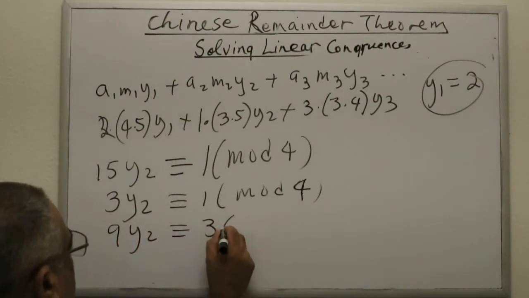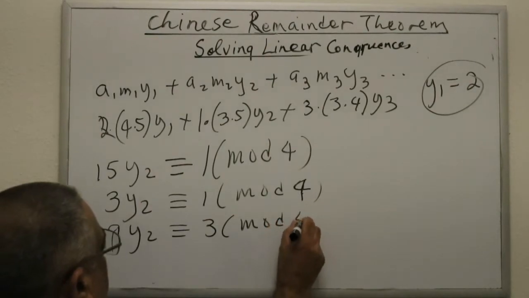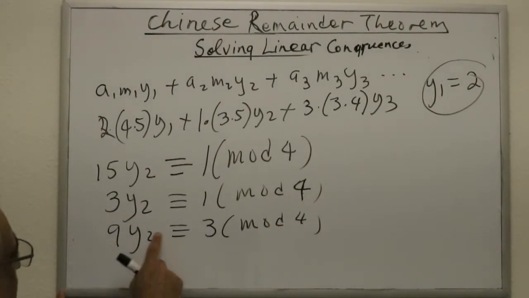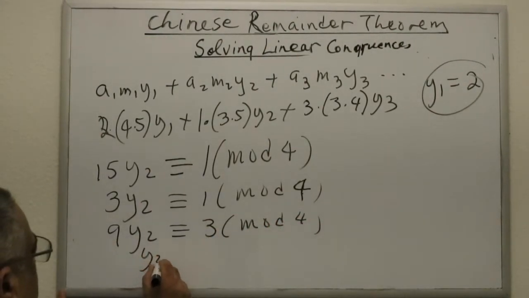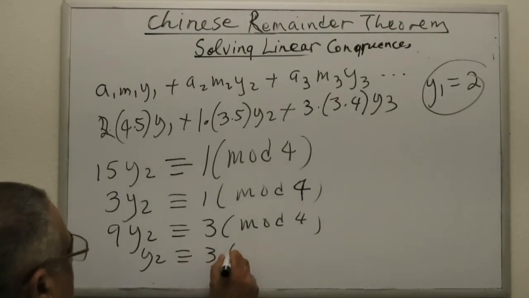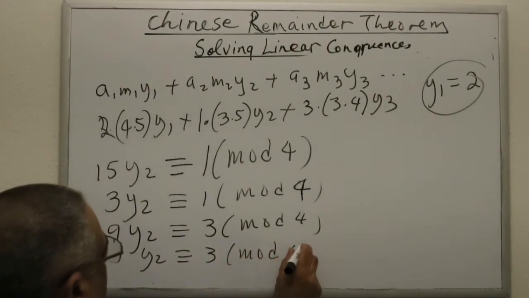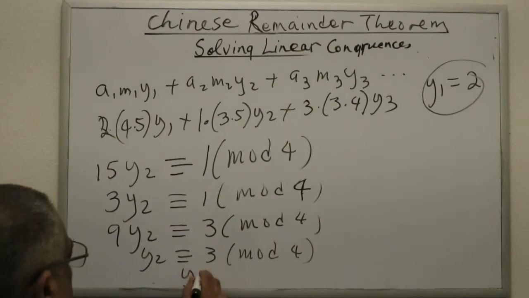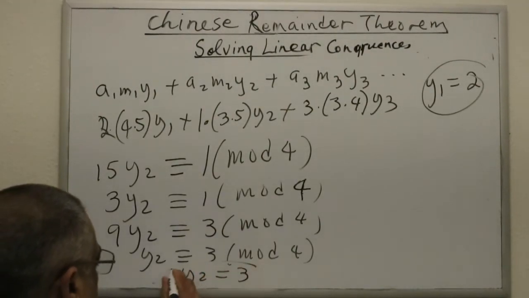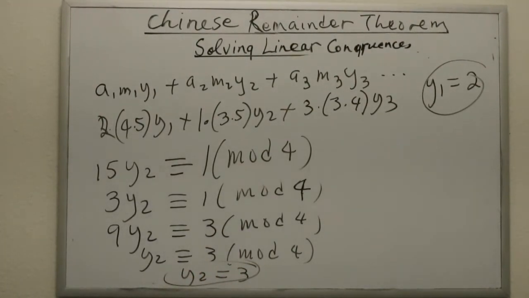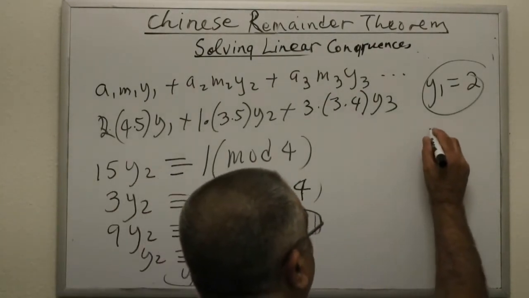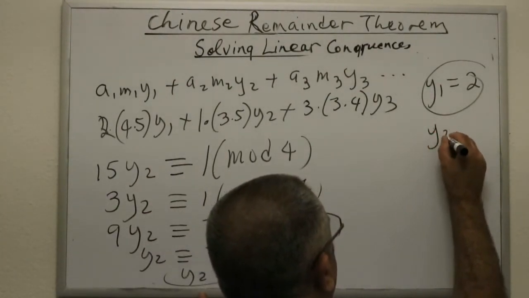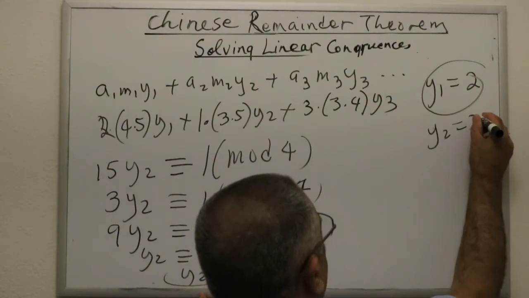So that's a 3, and this is mod 4. Now 9 mod 4 is 1, so y2 is 3 mod 4. So therefore y2 is actually 3. So I solved for y2, which is 3. So I'm going to write that here. So y2 is now 3.